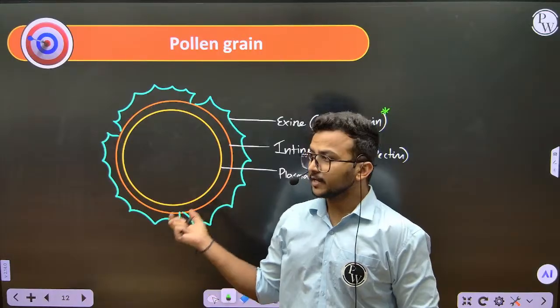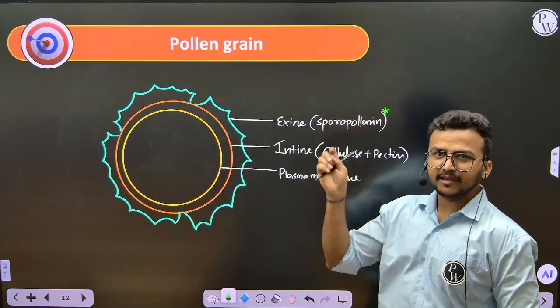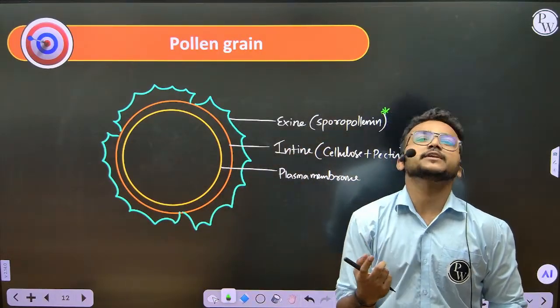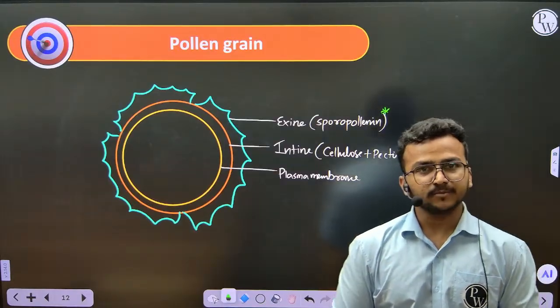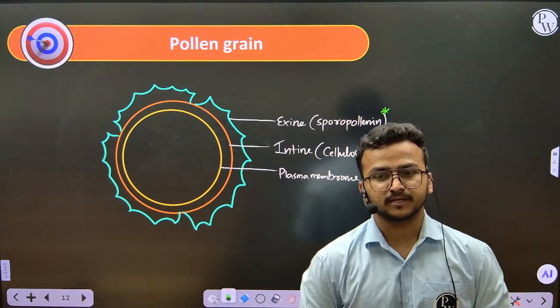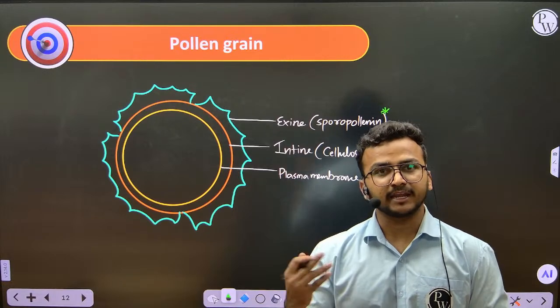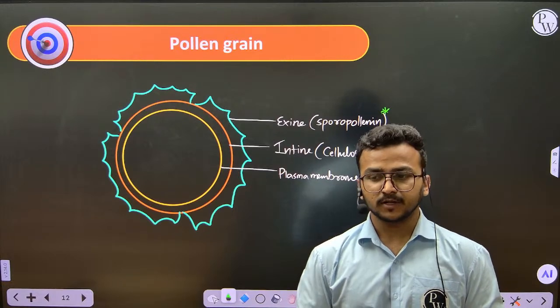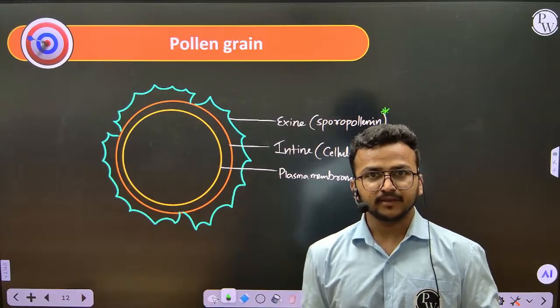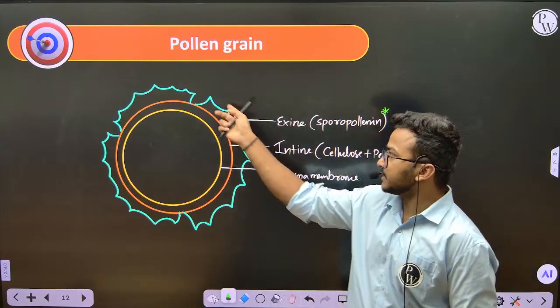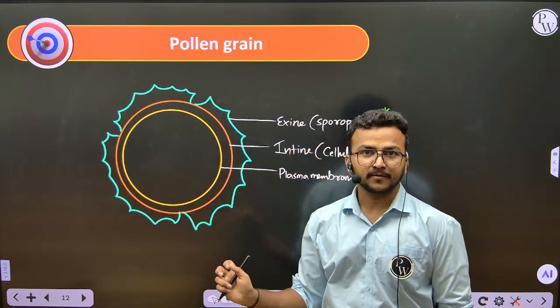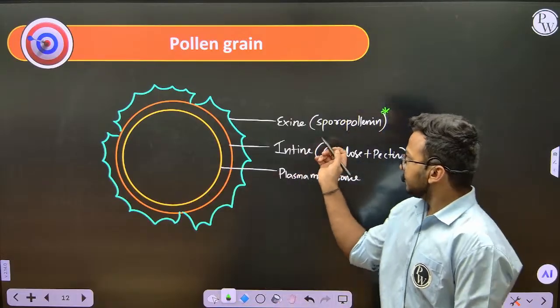Okay, so understand this. Sporopollenin has its own feature there. For now we don't have any enzyme, acid, or alkali which can dissolve this sporopollenin layer. So it is important there.